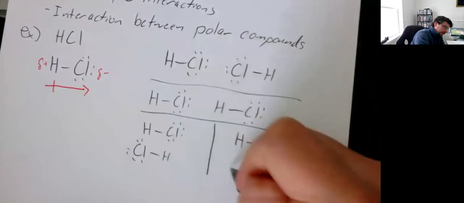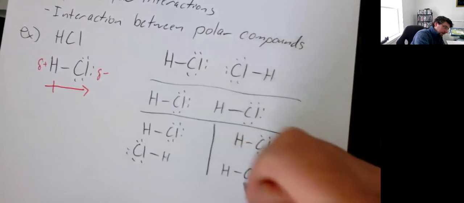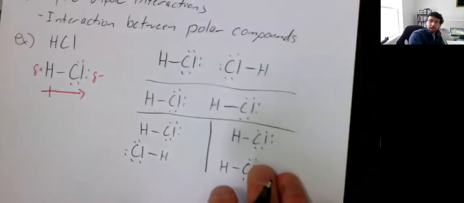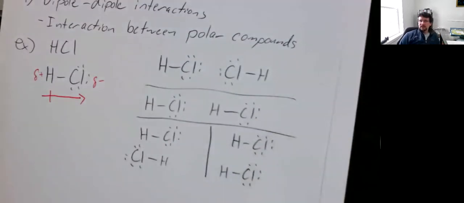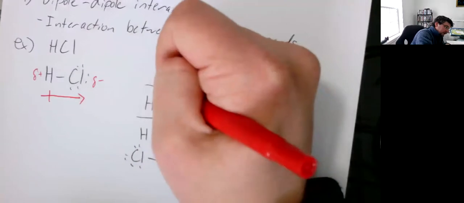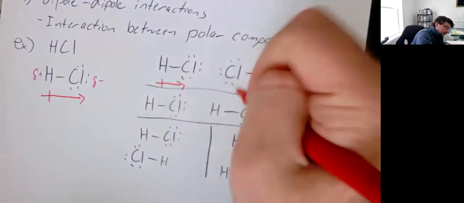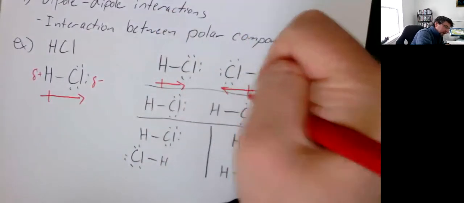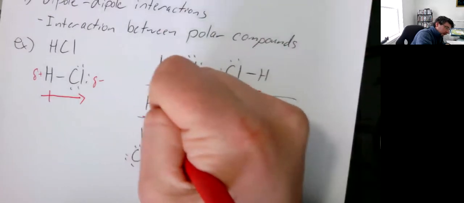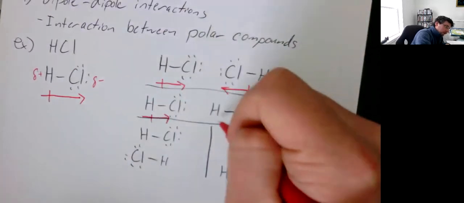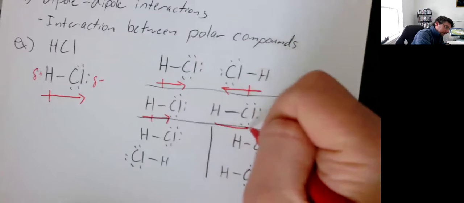HCl, HCl. How would these systems want to interact? Let's draw out the dipole moments of each of these systems, keeping in mind the arrows point towards the more electronegative element.